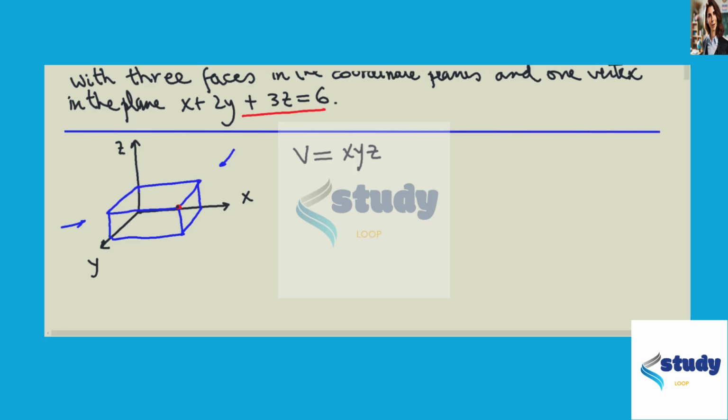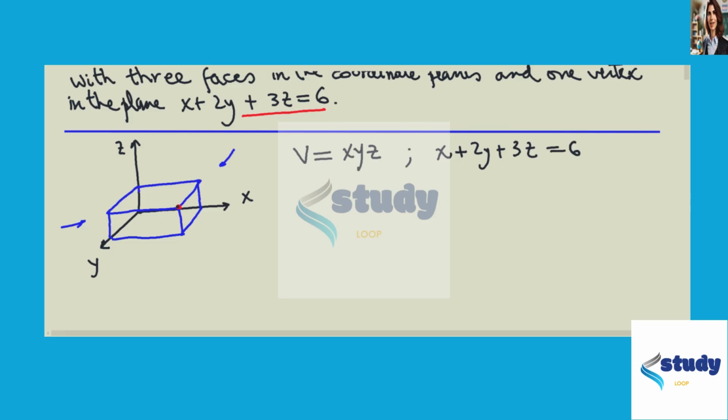The coordinates of that point will be the dimensions of the box, in fact, and that's possible because the point is in the first octant and all its coordinates are positive. So we have this function here with three variables indeed, but we know that the point has to satisfy the equation of the plane x plus 2y plus 3z equals 6.